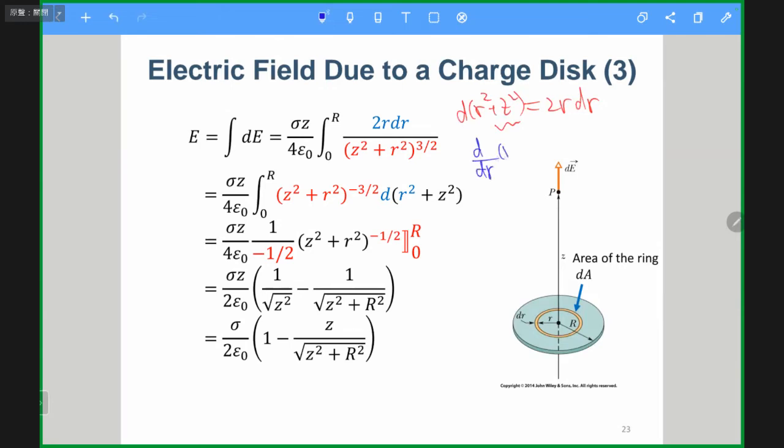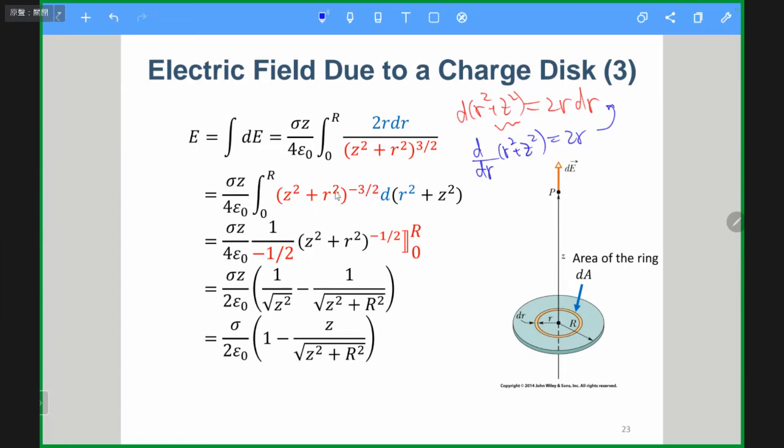So take the derivative of r squared, which will be 2r, and the derivative of a constant will be 0. So it looks like this, and then you can go back to here. You just multiply dr to this side. So we have this one equal to this one, which means that 2r dr is this one. And then this one to the 3/2 power is this one in the denominator to the negative 3/2 power.